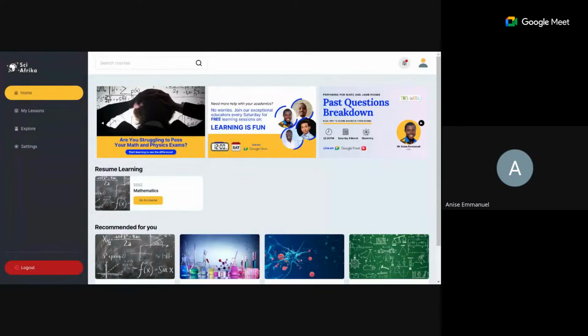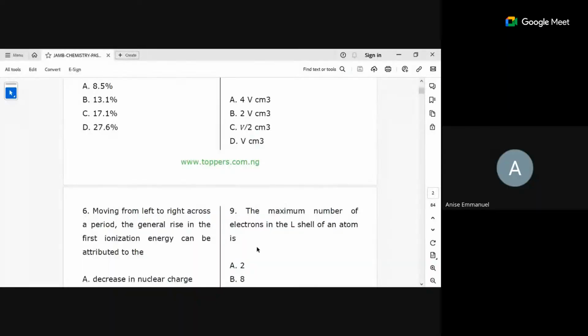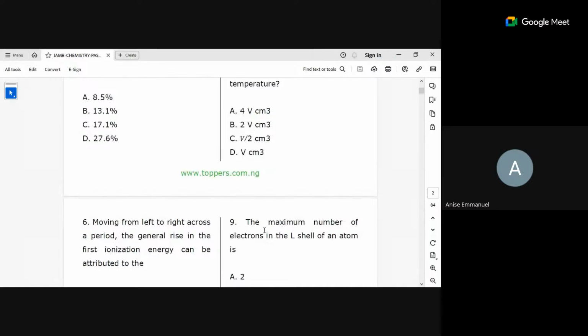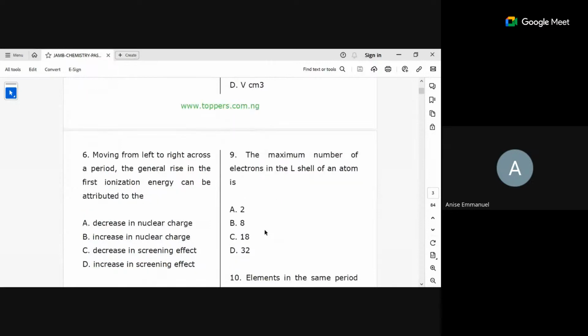Can you see my screen? Please, can you see my screen?